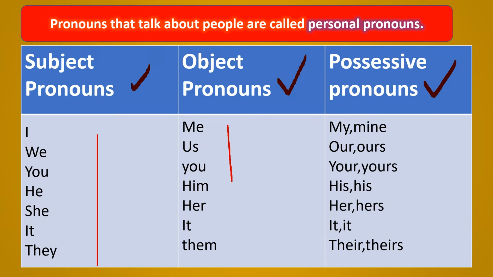Object pronouns are used in the place of objects in the sentence: me, us, you, him, her, it, them. These are called object pronouns. After getting a clear idea about subject pronouns and object pronouns, we will learn what possessive pronouns are.